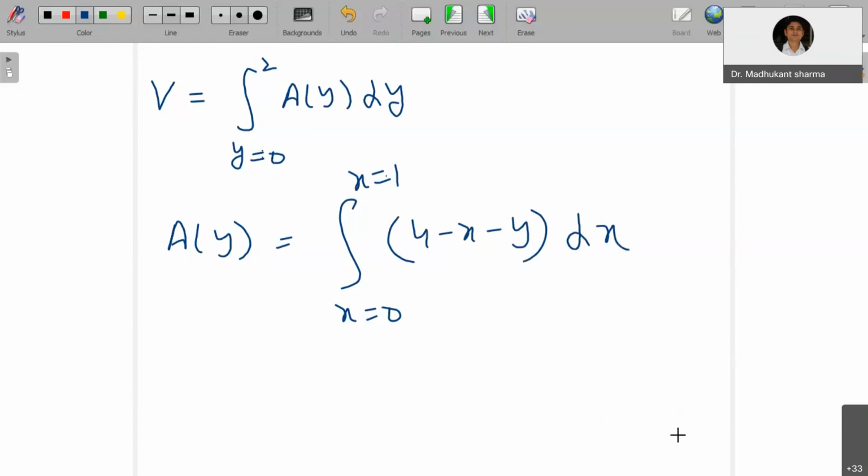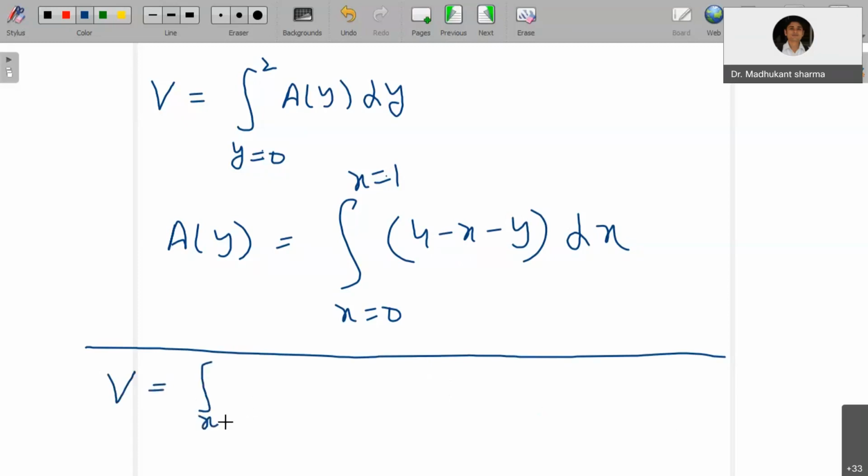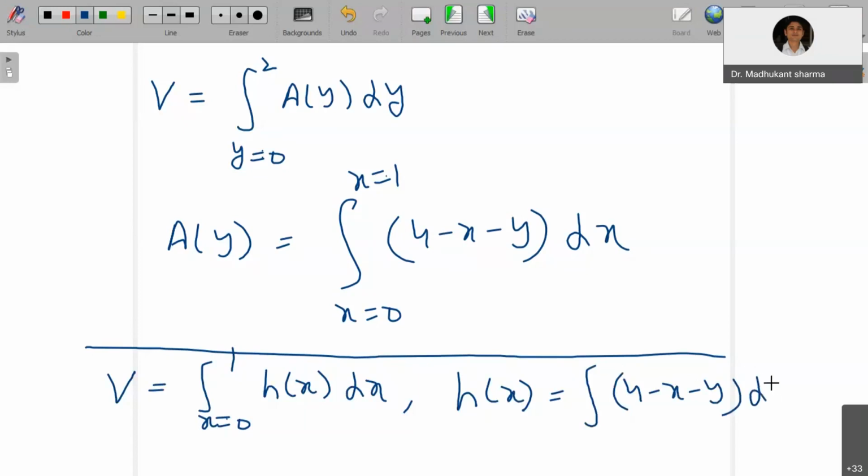Someone can say that you can also have this in the x direction. Similarly, V equals integration x equals 0 to 1 of h of x dx, where h of x is the cross section, the integration of 4 minus x minus y, again the same equation, over dy, with y from 0 to 2. Both will lead to the same answer.